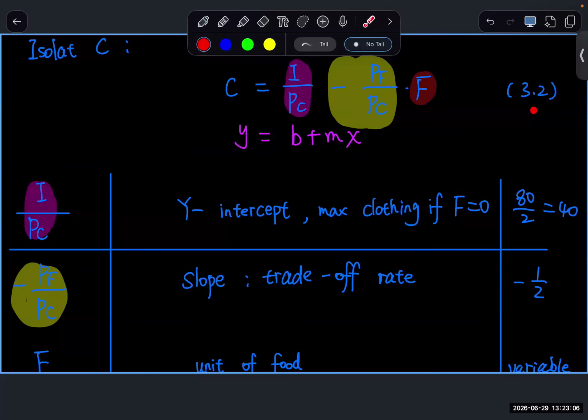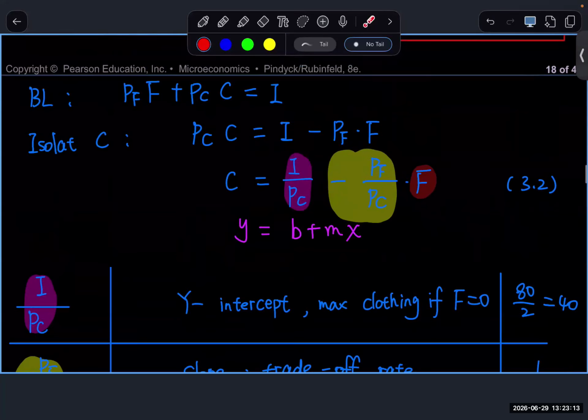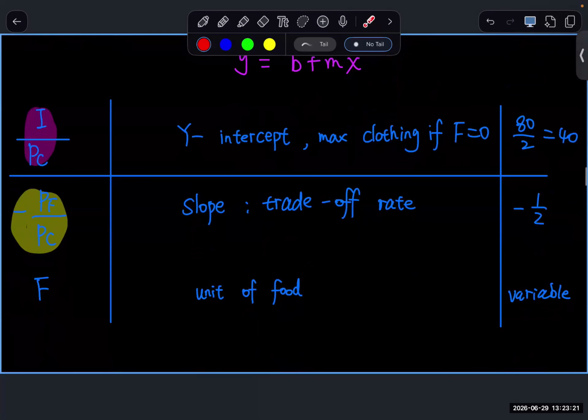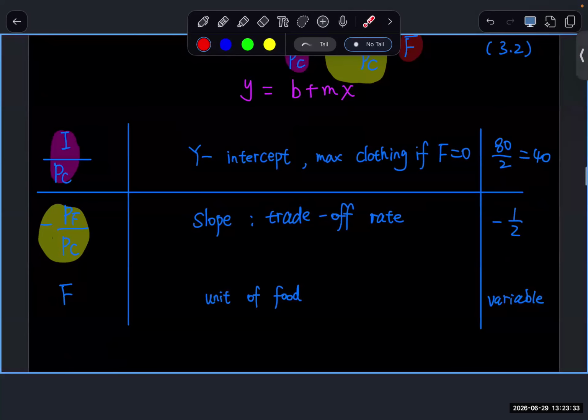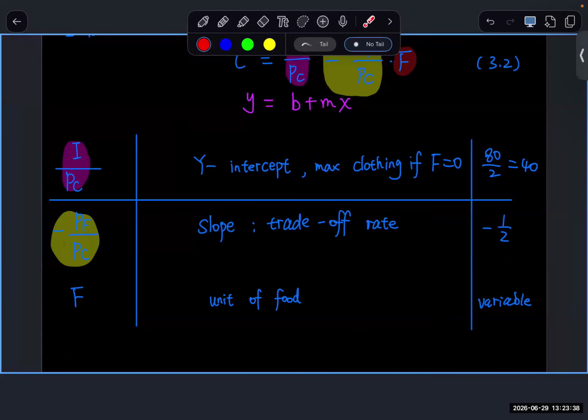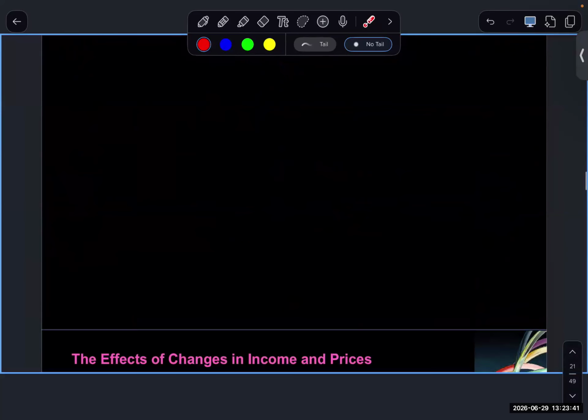Equation 3.2 is just 3.1 rearranged. Remember what is equation 3.1? Just the general form of the budget line. Okay, so let's move on.